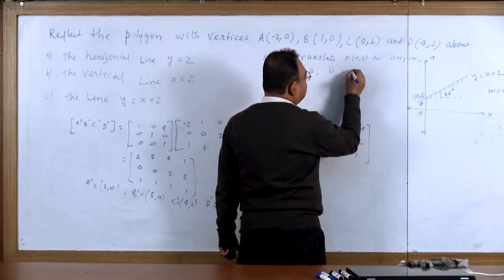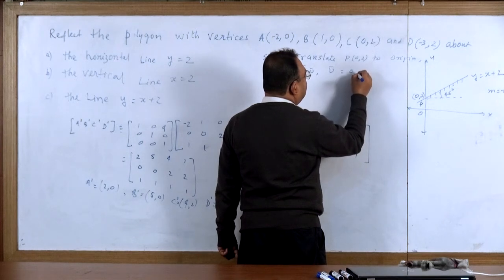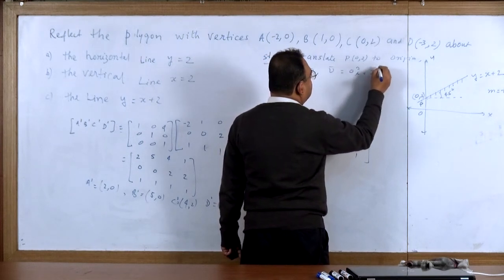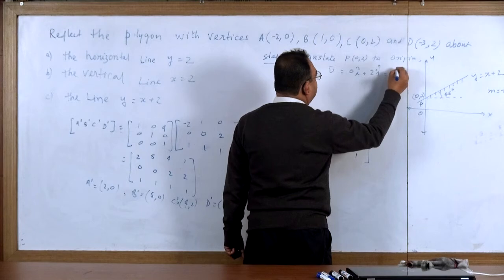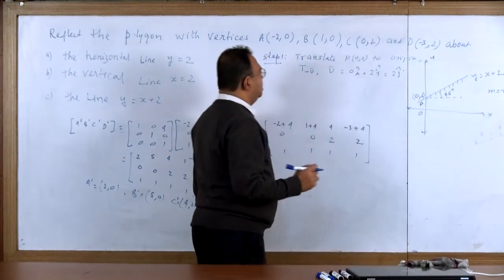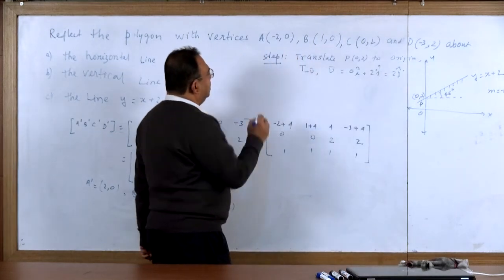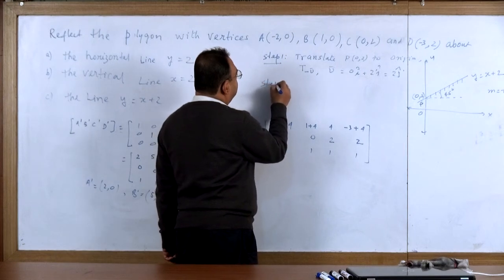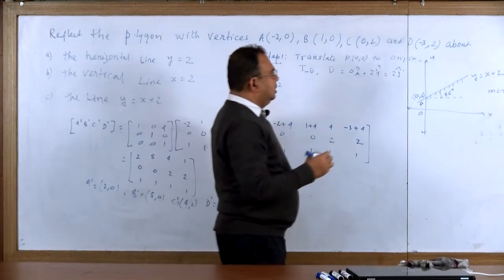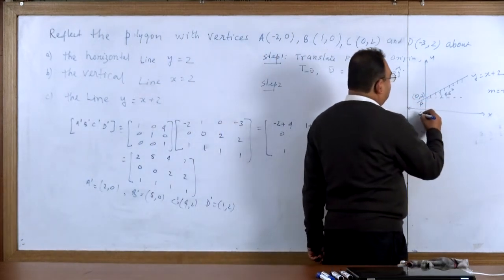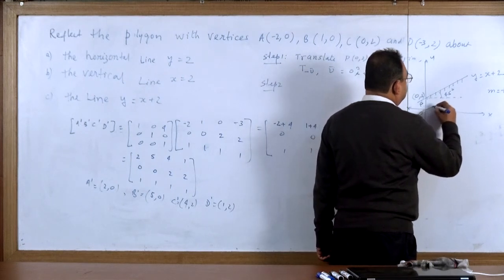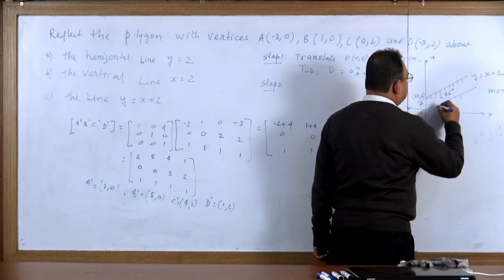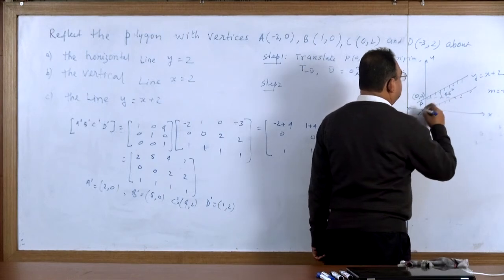V is 0 i cap plus 2 j cap. So, this is nothing but 2 j cap, because the x component here is 0. Step 2. After step 1, these reflectors will be like that. This will be the position of the reflector, the mirror.